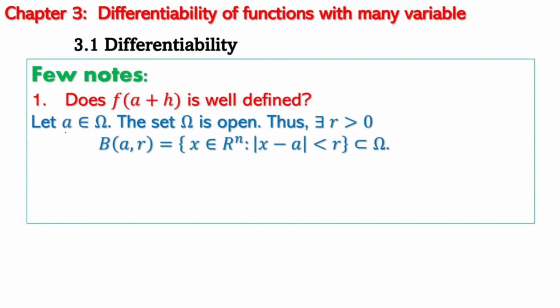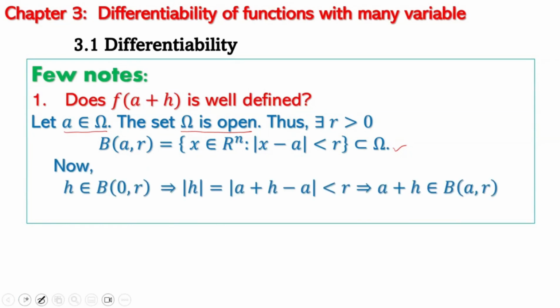If a belongs to omega and the set omega is open, then by definition there exists a ball centered at a with radius r, the set of x in Rn such that mod of x minus a is less than r, which is a subset of omega by the openness of omega.